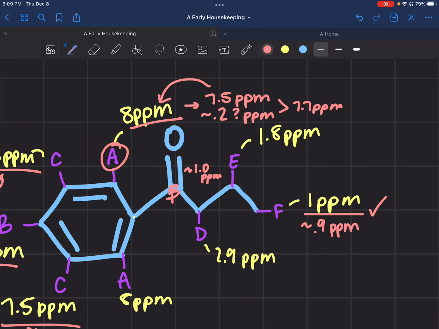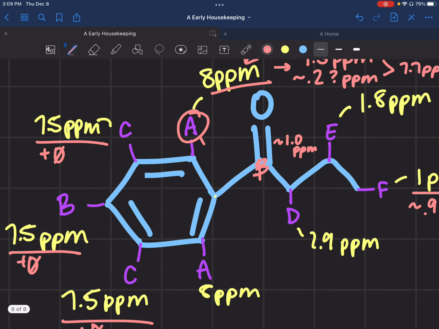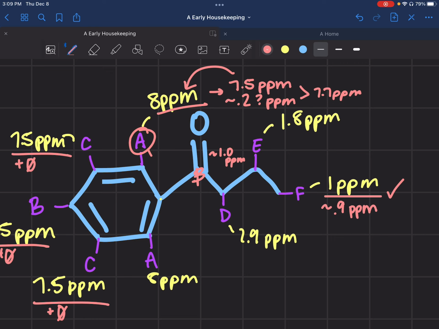They're going to be close. It's not always going to be exactly perfect, where this plus this equals the exact number you're given. It just has to be super close. That's really the only thing you can use to rationalize what's going on, especially because A is already part of this ring, and the only other functional group that would add to it would be that carbonyl. So you know that beta to this ring, you need the carbonyl.